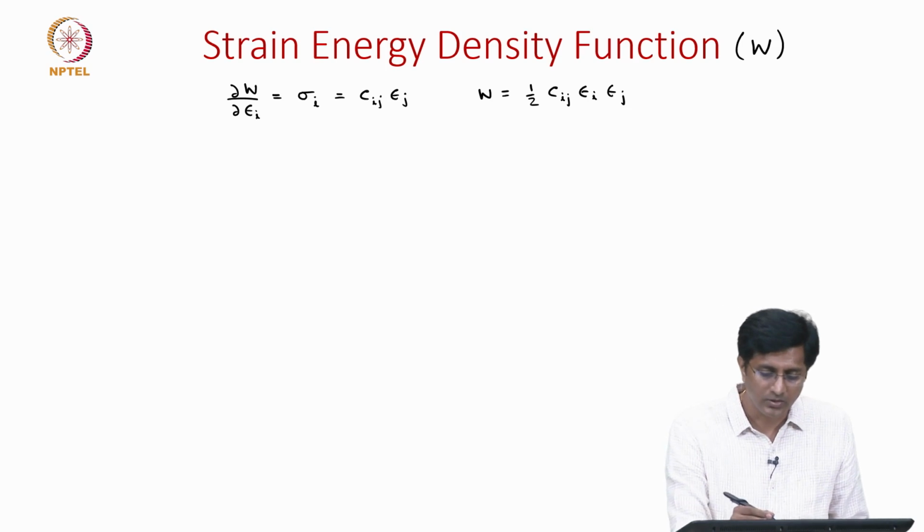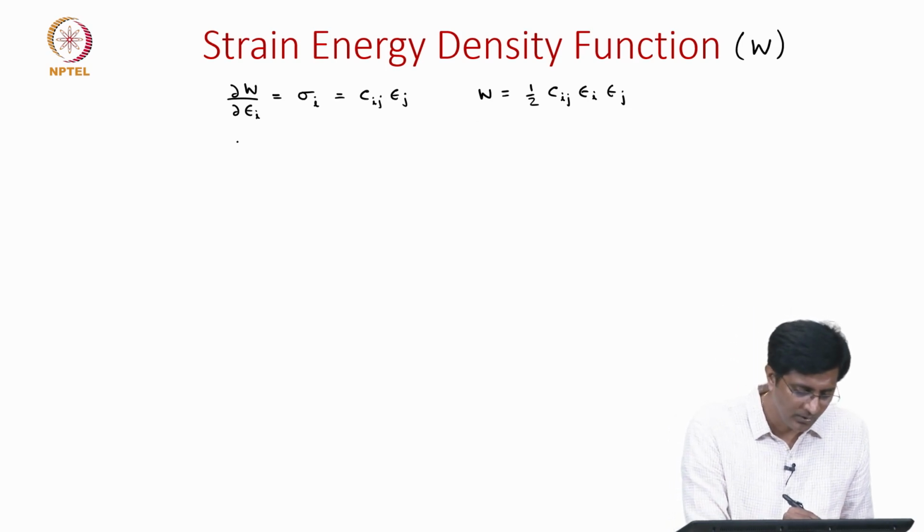So, we can do the double derivative of it, meaning ∂²W, first differentiating with respect to epsilon i and then differentiating with respect to epsilon j. This should show us that this value reduces to Cij.